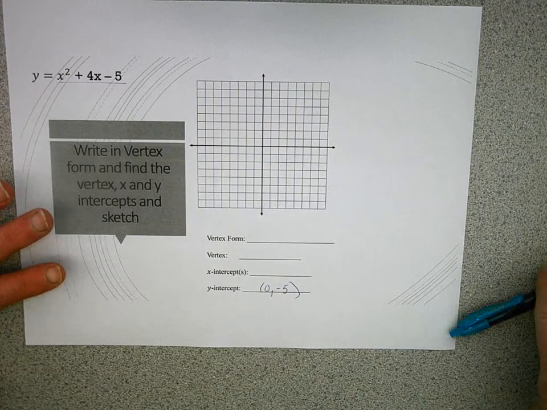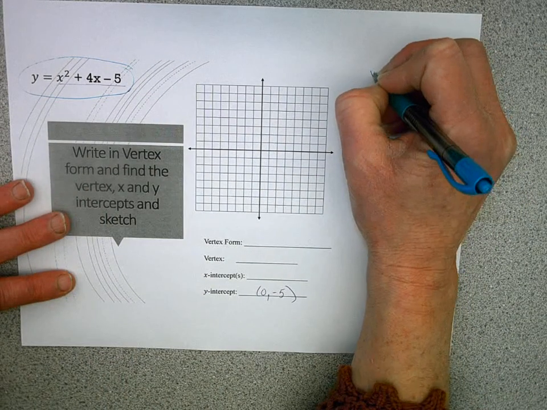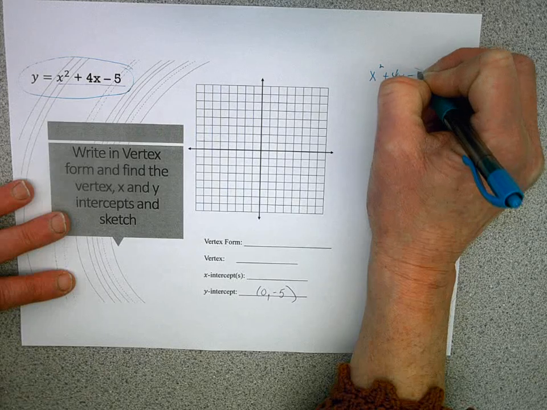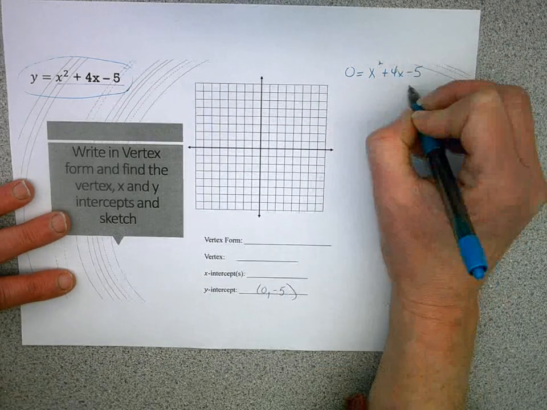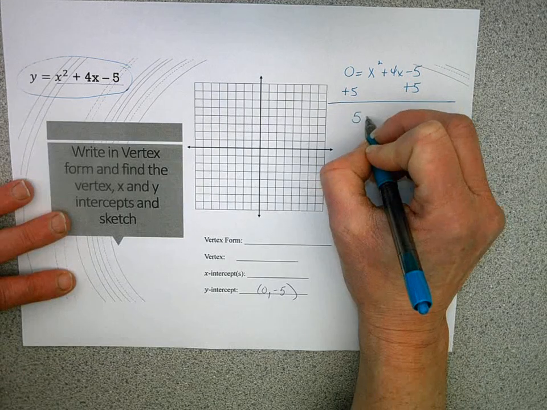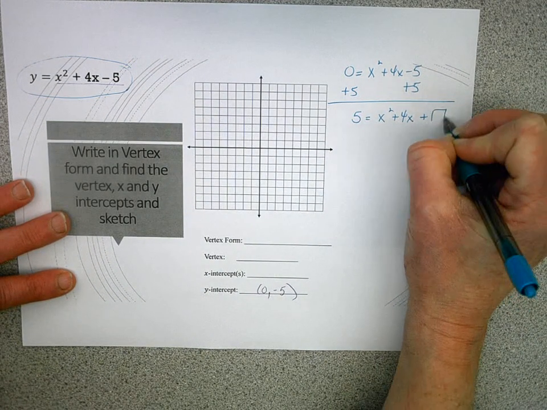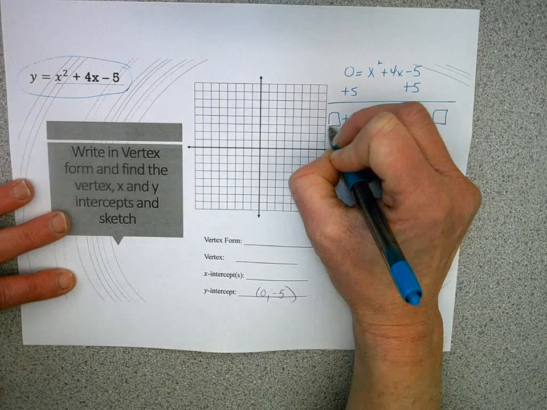I'm going to write this in vertex form because I'd much rather graph it in vertex form. So I'm going to take this equation, set it equal to 0, move the c value over, and complete the square. Half of 4 squared is 4.